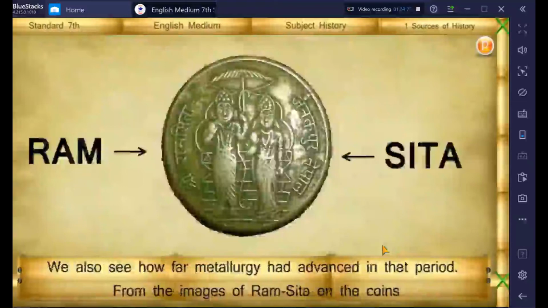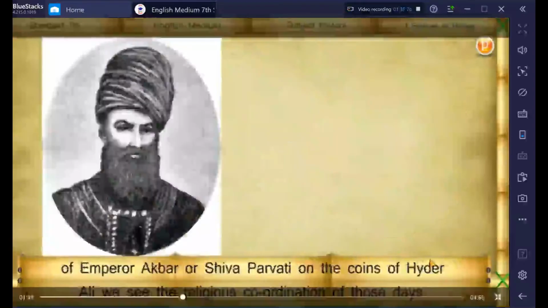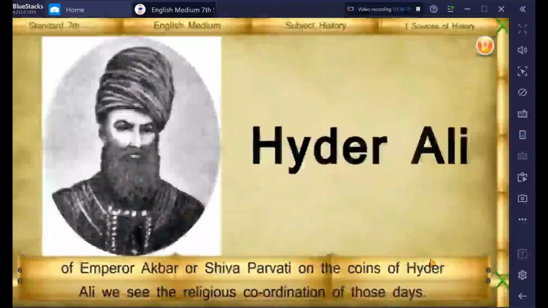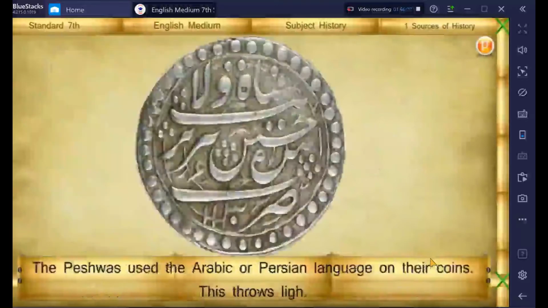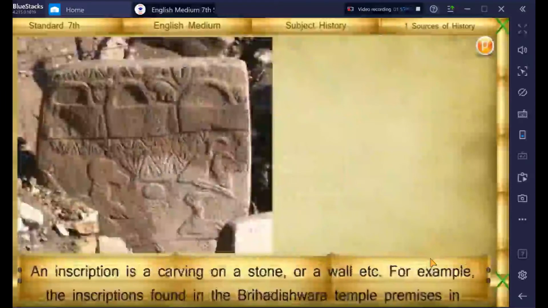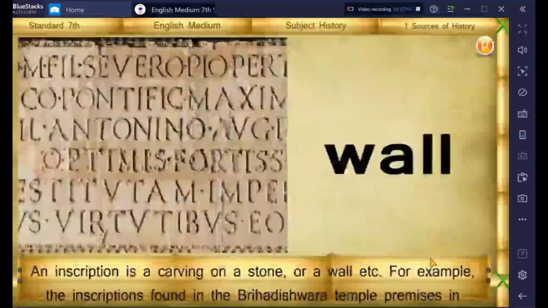From the images of Ram Sita on the coins of Emperor Akbar or Shiva Parvati on the coins of Hyder Ali, we see the religious coordination of those days. The Peshwas used the Arabic or Persian language on their coins. This throws light on the period.